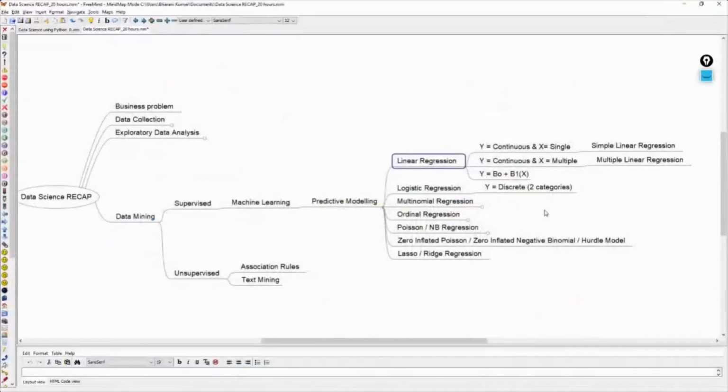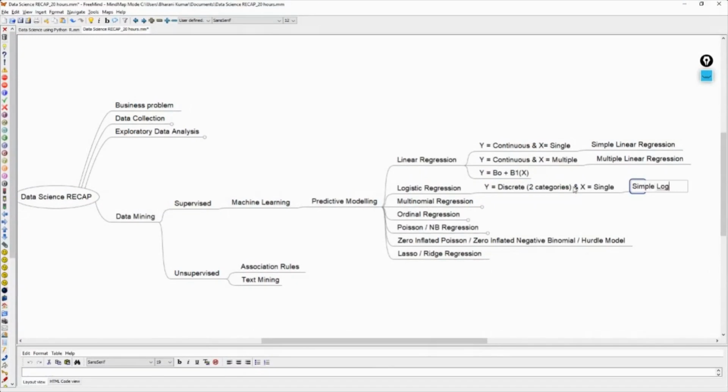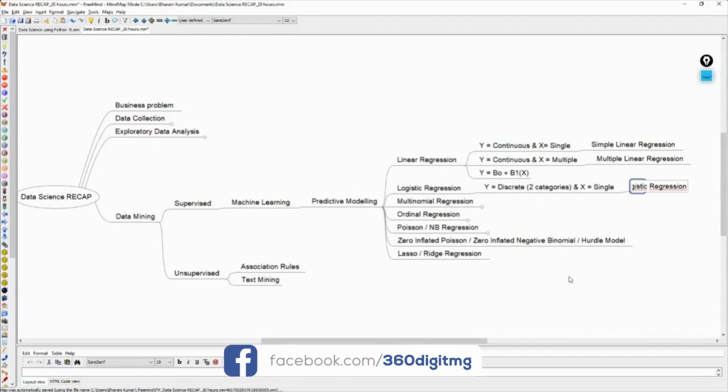So if your output variable is discrete and if you have a single input variable, then you call it simple logistic regression.